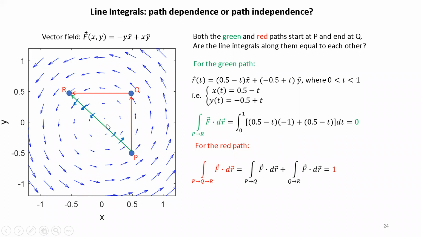That's why you get no work done, so F dot dr/dt is always 0. Of course, this example is the so-called path dependence: the line integral from one point to the other depends on the shape of the path that you pick. So this is path dependent.